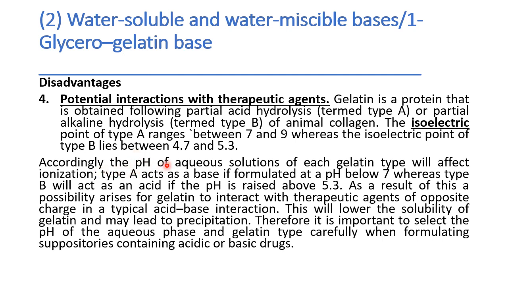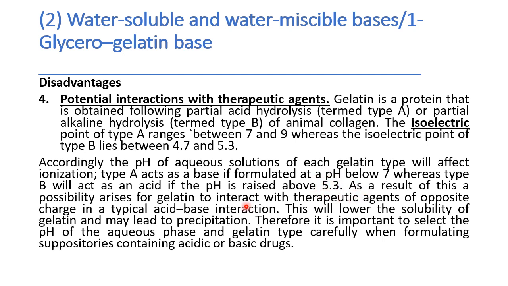Accordingly, the pH of the aqueous solutions of each type of gelatin will affect the ionization. Type A gelatin will act as a base if formulated at pH below 7, while type B gelatin will act as an acid if the pH is raised above 5.3, which is above the isoelectric point.